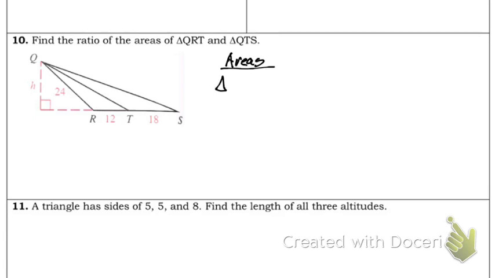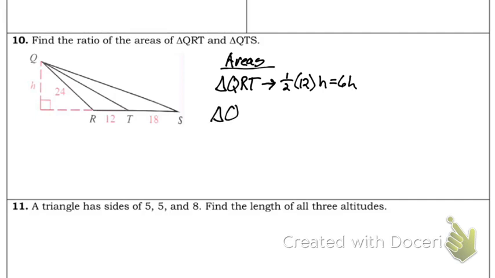I'll do the area of triangle QRT. It has a base of 12 and a height of h. So we're going to go half our base times our height, which is going to equal 6h.